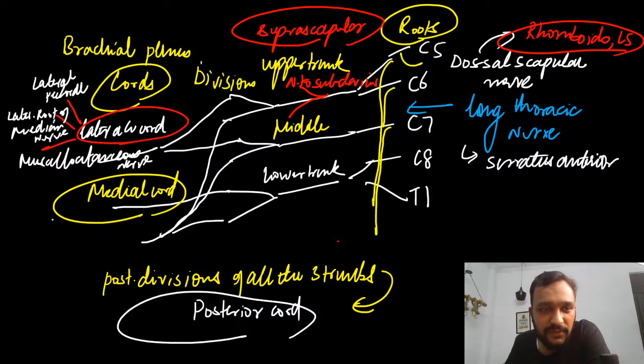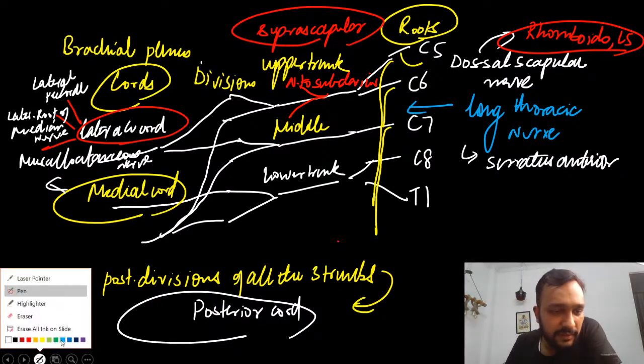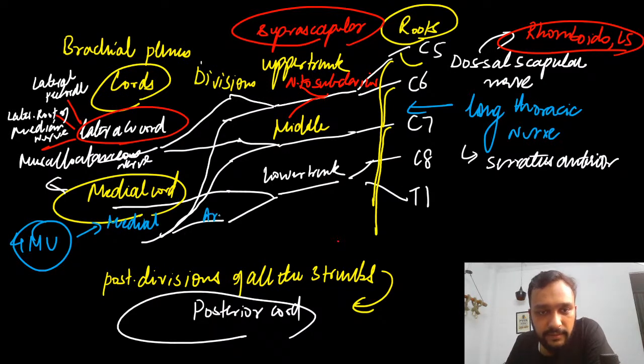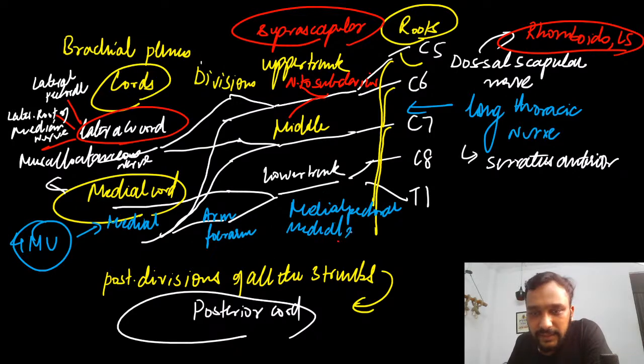Then guys, branches from the medial cord of the brachial plexus. The mnemonic is 4MU, where M stands for medial cutaneous nerve of arm, medial cutaneous nerve of forearm, then you have medial pectoral nerve, and you have one more branch, that is the medial root of median nerve.